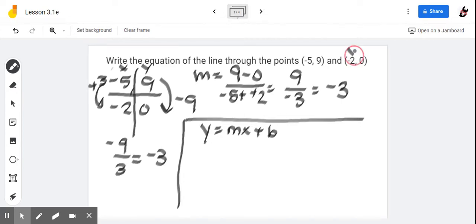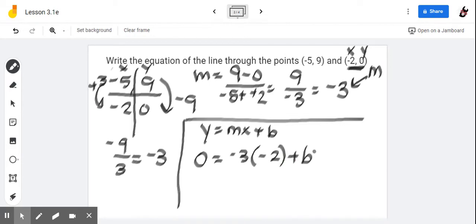So here, if I choose this point, x is -2, y is 0, and then the slope that we just found is m. So in my equation, instead of y, I'm going to put 0 because I'm figuring this out for the point (-2, 0). So y is 0, m is -3, x is -2, and I'm going to solve for b.